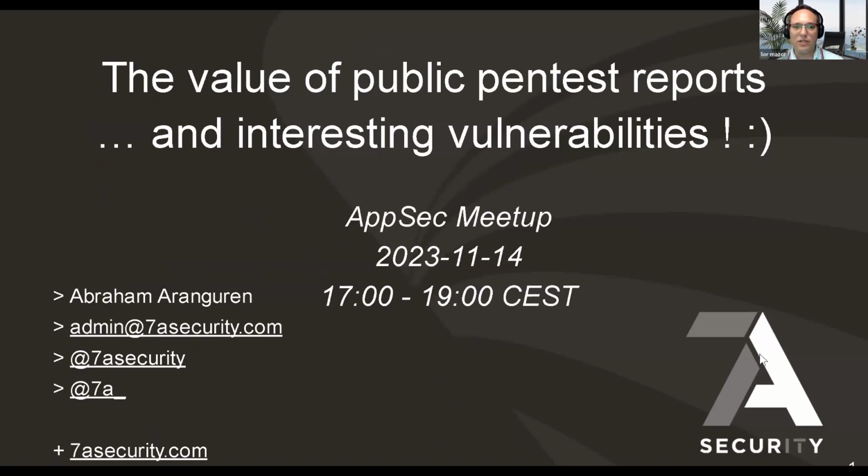Without further ado, I want to invite Abraham again to talk about the value of public pen test reports and interesting vulnerabilities, as you mentioned, Abraham, in your last conversation. To choose the right penetration test company, you need to review their public reports. So I assume you will share with us several interesting vulnerabilities that you found.